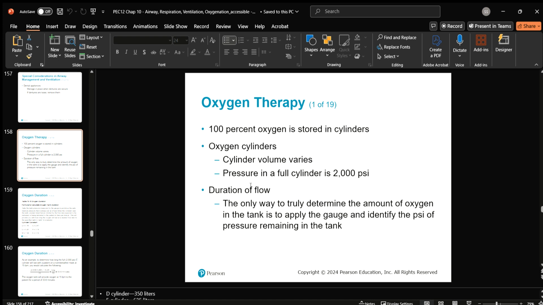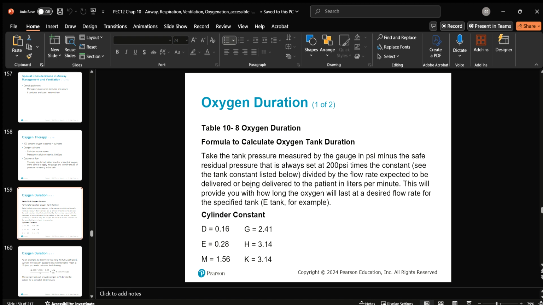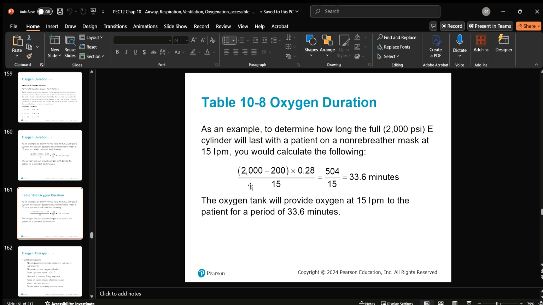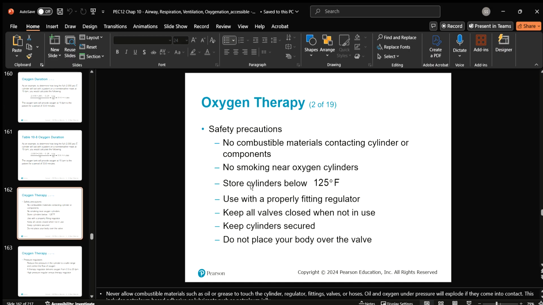You're probably going to get a test question like this, calculating the amount of oxygen that's left. Guys, I'm no help to you. But you may get a test question about calculating how much oxygen is left. If you know it, you know it. I just guessed because I couldn't remember the formulas.